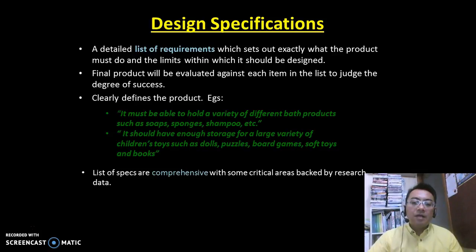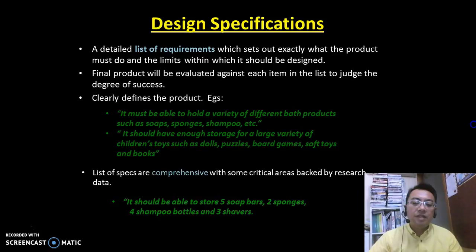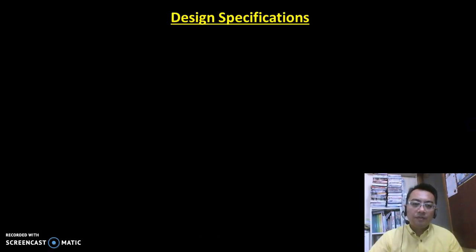Lists of specs are comprehensive with some critical areas backed by research data. For example, it should be able to store 5 soap bars, 3 sponges, 4 shampoo bottles, and 3 shavers. Another example, it should be able to store 6 dolls, 4 puzzles, 3 board games, and 14 books.